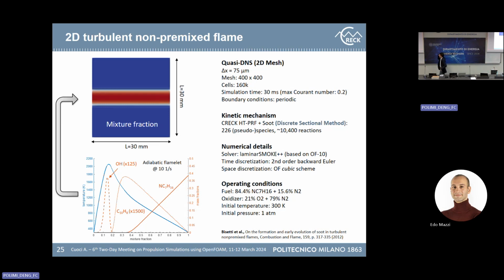Here in this example, we were interested in testing the ability of this technique to capture the formation and evolution of soot. And so for this purpose, we used a detailed kinetic mechanism, including a discrete sectional model for describing formation of soot particles and aggregates.